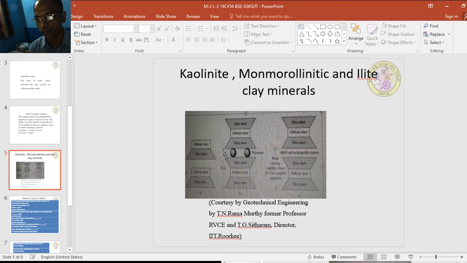That potassium will somehow balance the repulsion, or reduce the repulsive power and increase the attractive power to some extent, but that bonding strength is weaker than kaolinite but stronger than montmorillonite. Therefore, in terms of swell shrink behavior, it is less swelling compared to montmorillonite and more swelling compared to the kaolinite group.